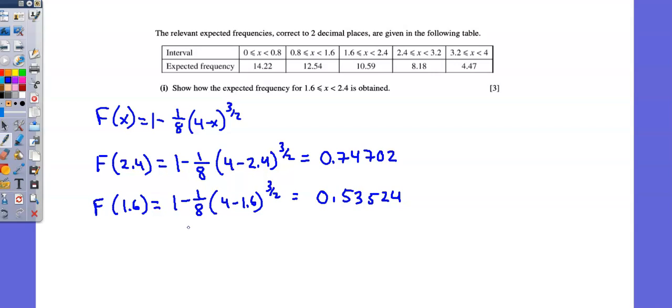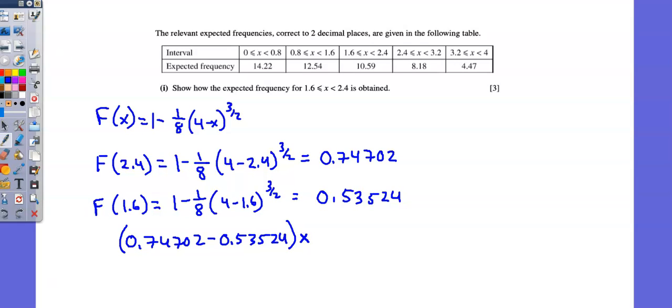So the range I'm looking for is the difference between these two: 0.74702 minus 0.53524. That provides a probability. Notice in the table we're looking for frequencies. So I need to know the probability multiplied by the total events is going to give me my frequency.